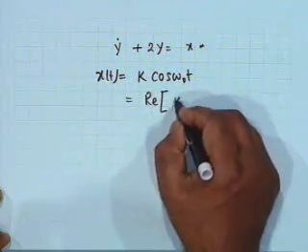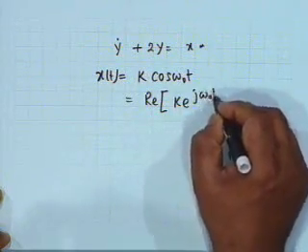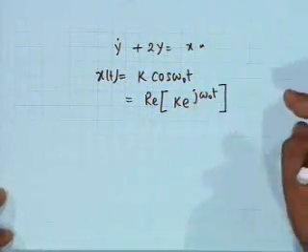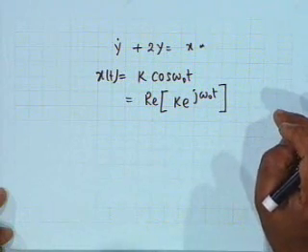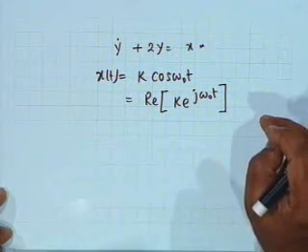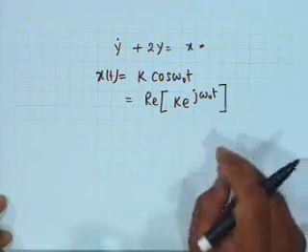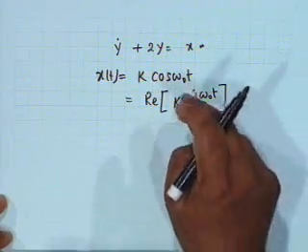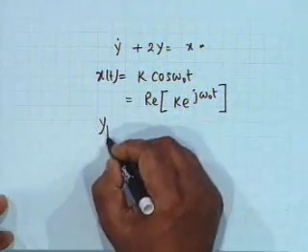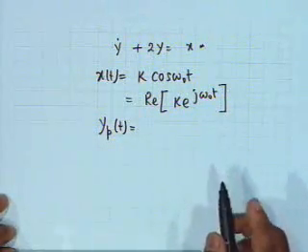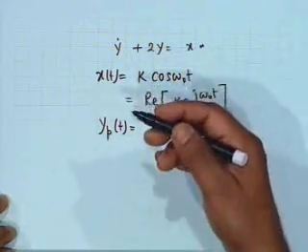Now this can be written as the real part of k e to the j omega 0 t. You see, we have brought in that elementary signal, that exponential elementary signal, with the exponent purely imaginary, j omega 0 t. If that is so, then obviously the particular integral y p of t must also be of the same form. The particular solution is of the same form as the given excitation.